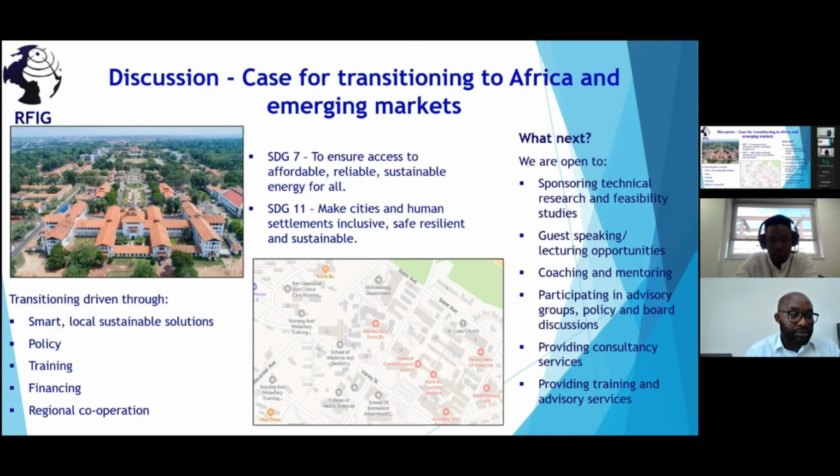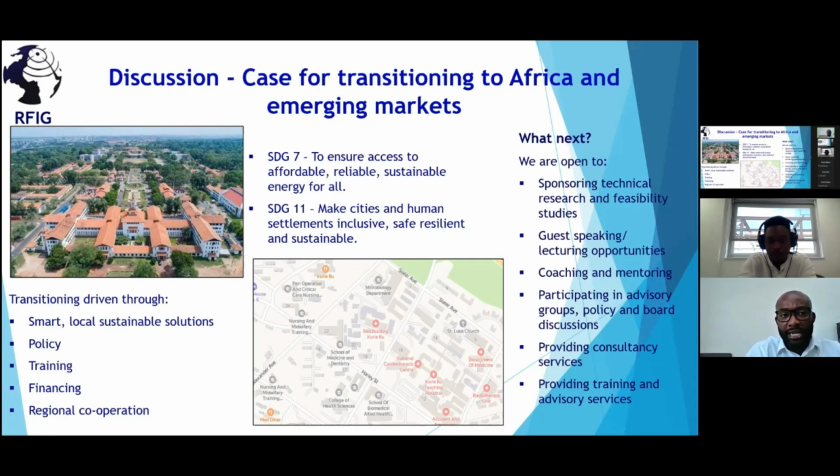So just to recap, SDG 7 and 11 is basically affordable, reliable and sustainable energy for all, as well as sustainable, safe and resilient settlements. And like I mentioned before, there's a photo of the University of Ghana there, and a map of Korle Bu Teaching Hospital.